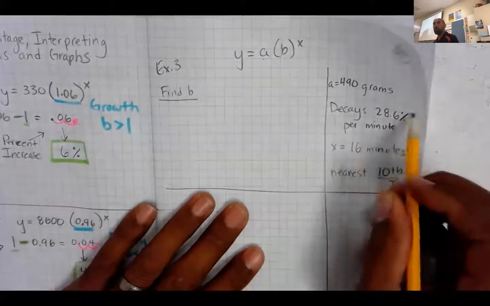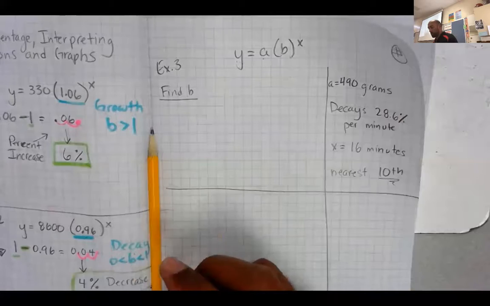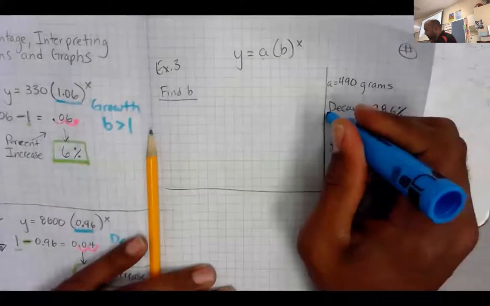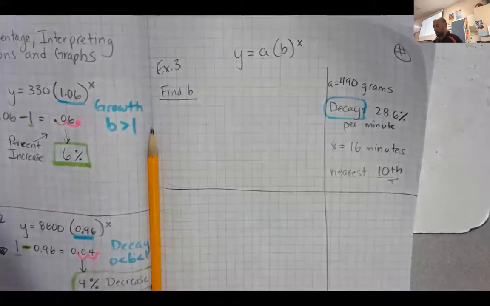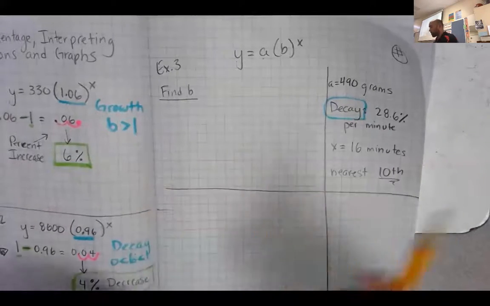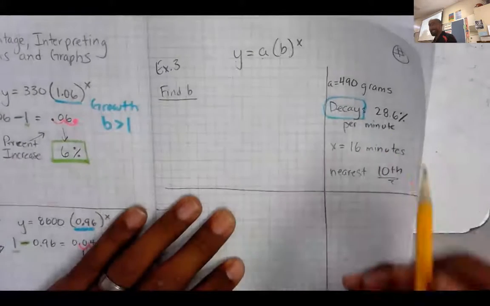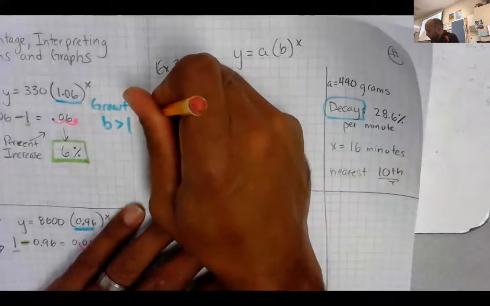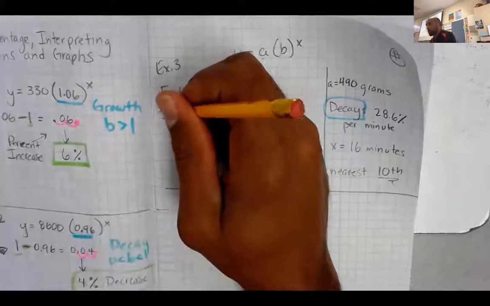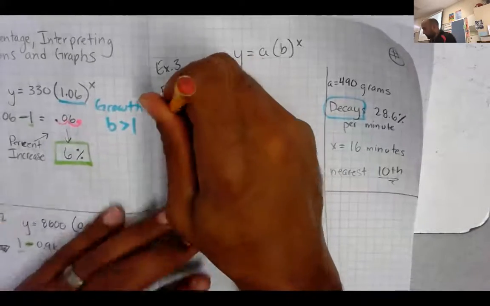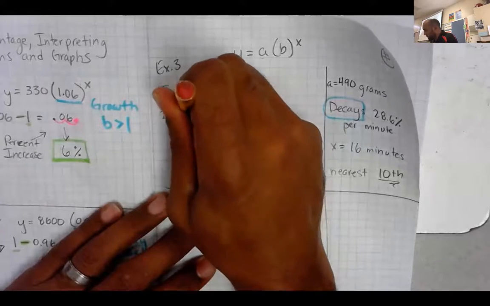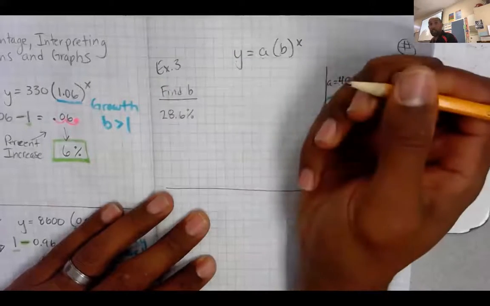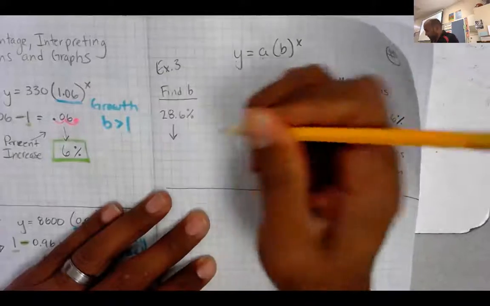What's important is to note that we are dealing with a decay. Pay attention to the words of the problem, because they tell you what type of problem we're dealing with. Since it's decay, the first thing to do is convert the percent to a decimal.